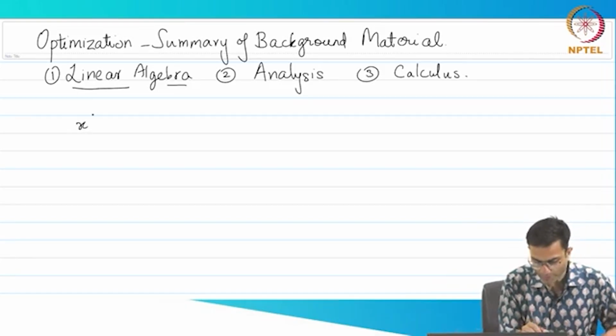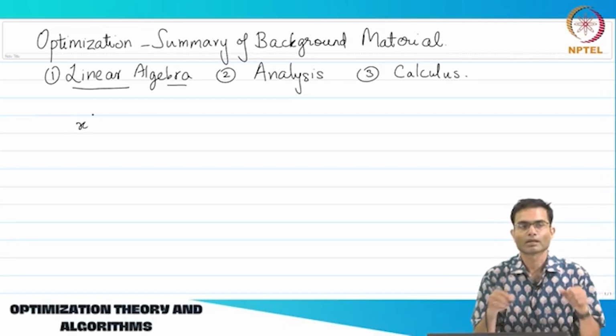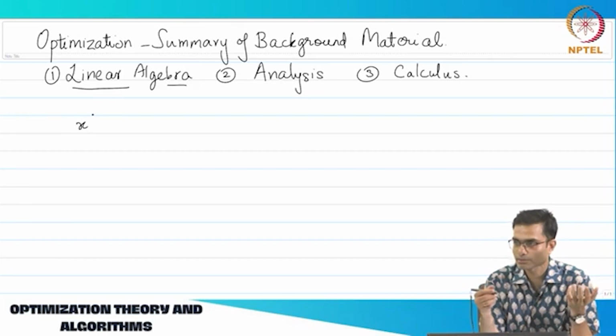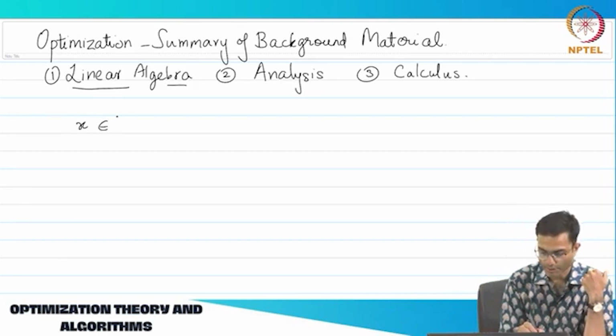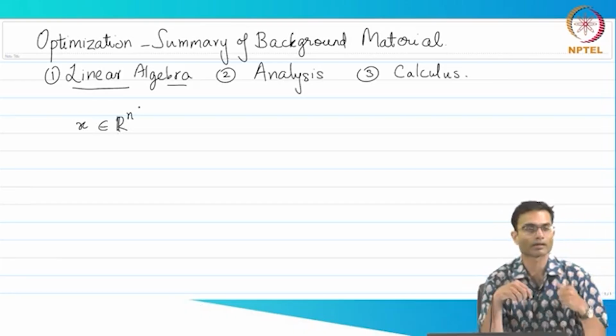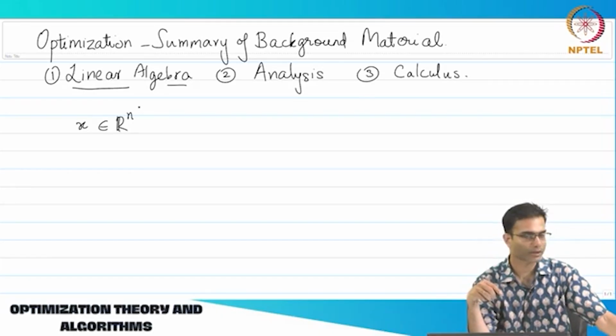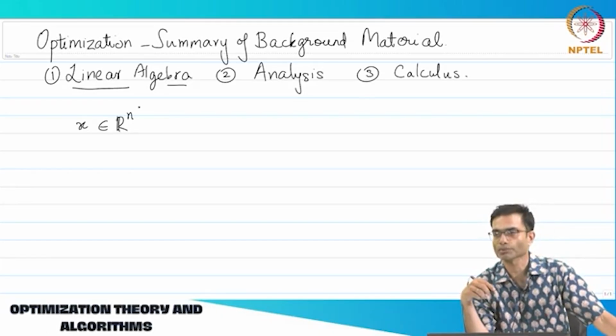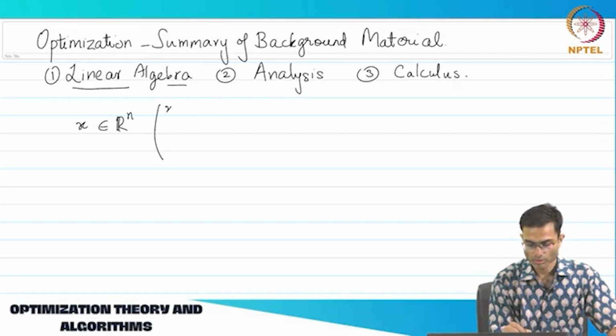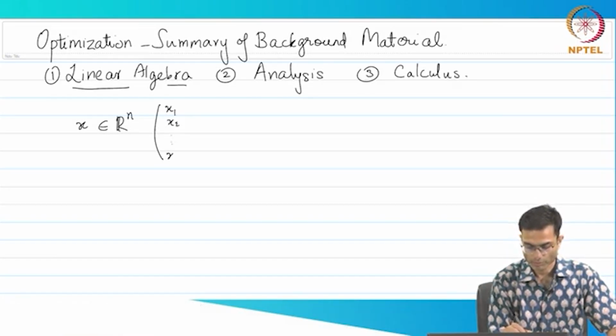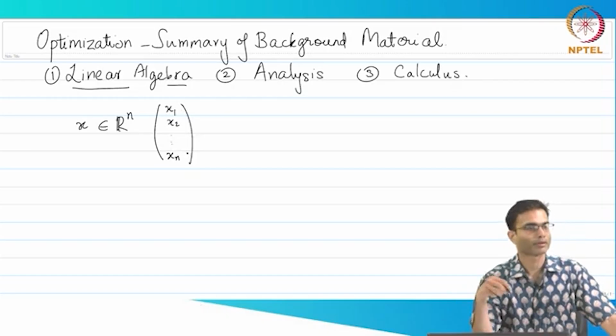Now, in general, when I write a symbol like x, you're used to it being just a scalar, but in general here x is going to be something like this, Rn, right? So everyone knows what this means. A set of n real numbers, right? And typically the most common way of representing it would be like a column vector, right?